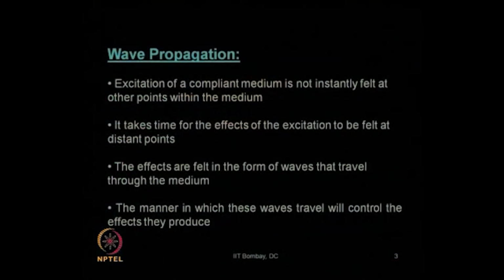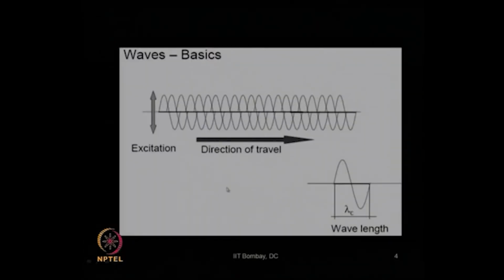We have seen what is wave propagation, how waves are generated for any kind of excitation or vibration, and how it travels through a particular media from one point to another point. So, this is the basic of waves, that is the excitation occurs, then it travels in the form of wave in that particular media.